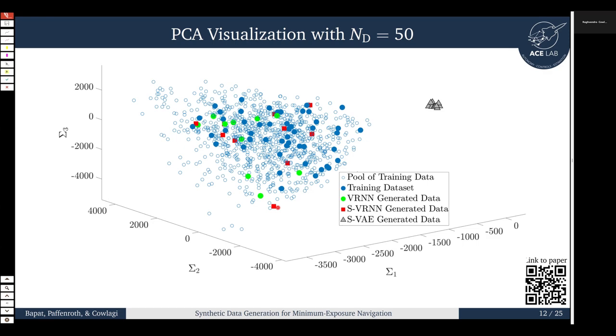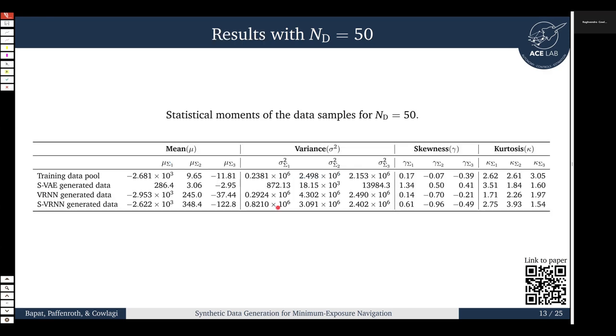Now, there's only so much we can see in a visualization. So we also compared the statistical moments of these different distributions that we created versus the training data pool. So this is the training data pool, and we compared the first four moments of the first three principal components. And what one can find is that the mean value of the training data pool reasonably matches well the mean value of the data from the VRNN or the SVRNN.